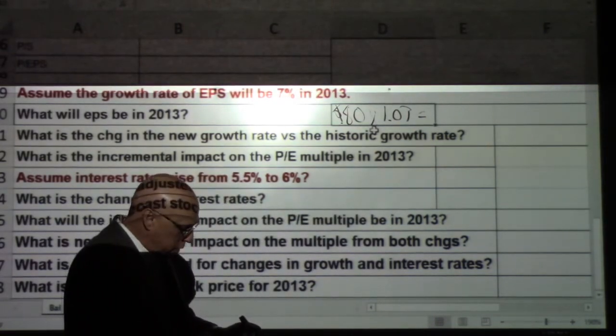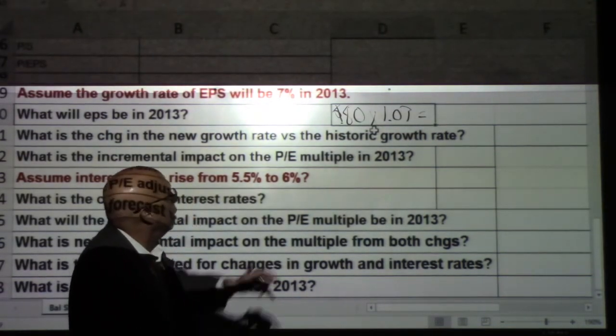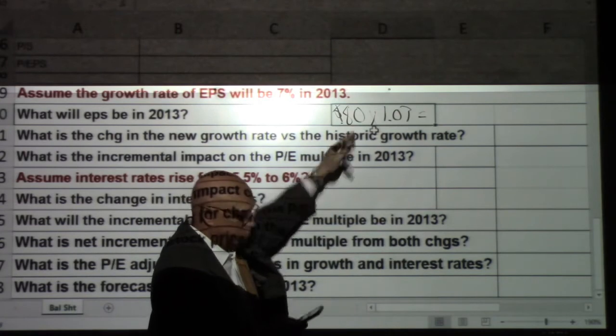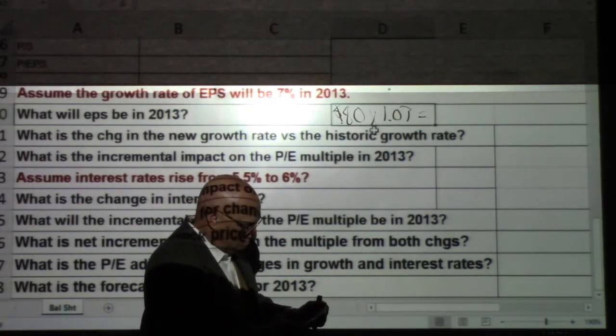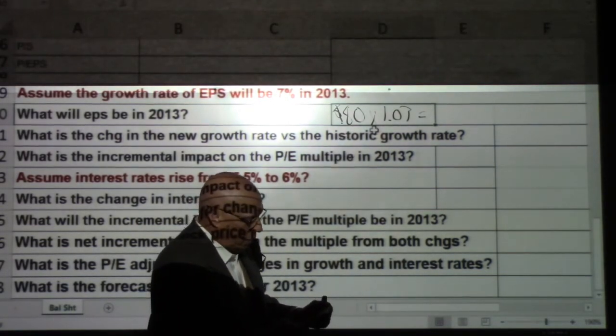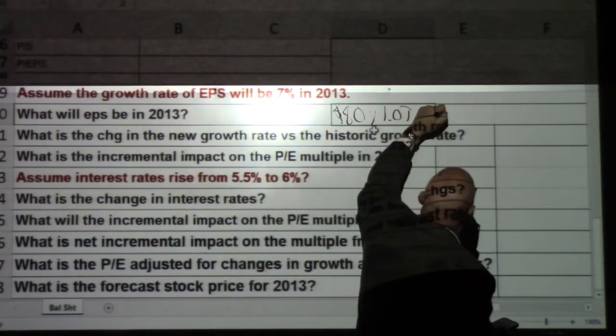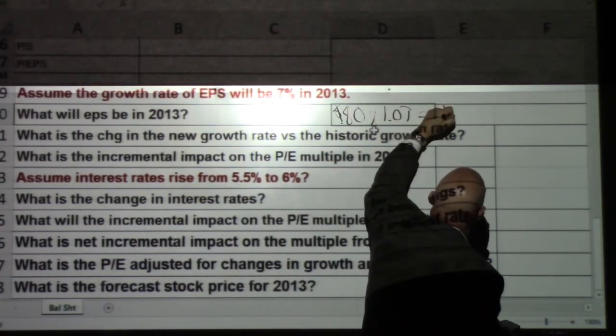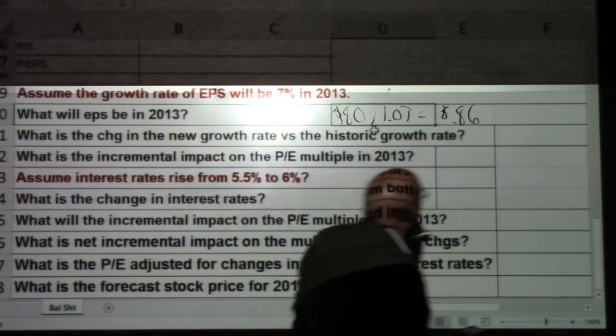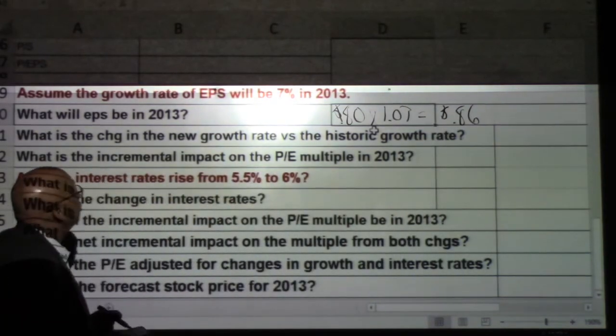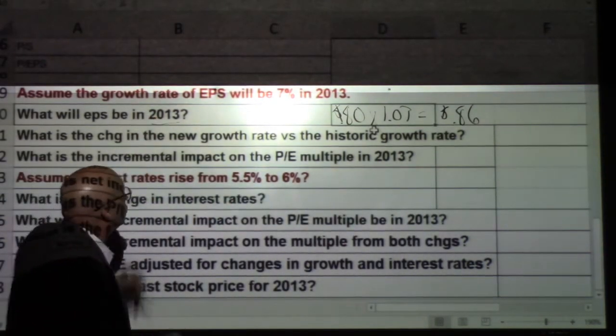So let's clear this out. 0.8, which was 2012 earnings per share, times 1.07, our new growth rate, is 86 cents. We're going to round up. 0.86. There's our new earnings per share estimate for 2013.